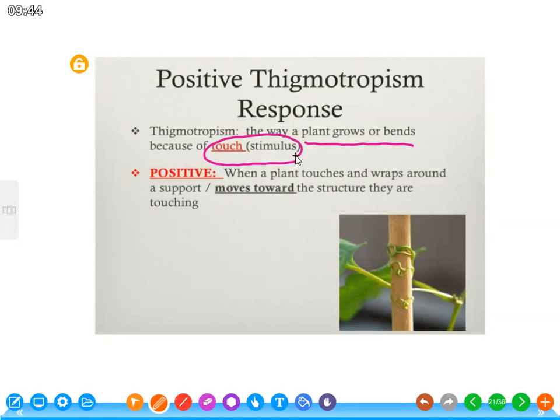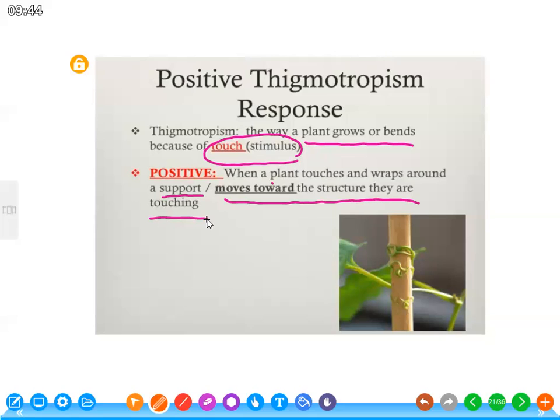Positive thigmotropism is when a plant touches and wraps around a support or moves towards the structure it is touching.